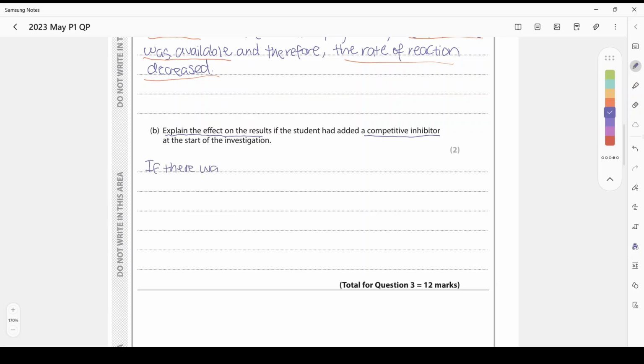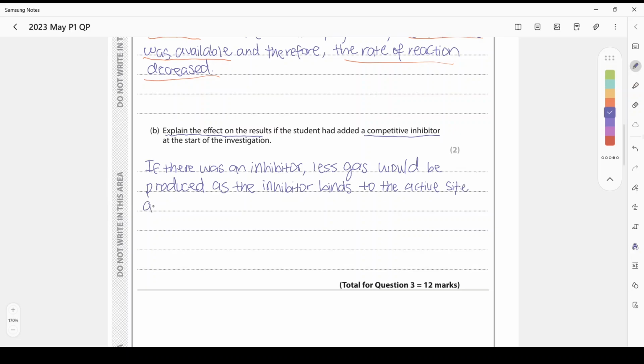If there was an inhibitor, less gas would be produced as the inhibitor binds to the active site and blocks the substrate from binding to it.